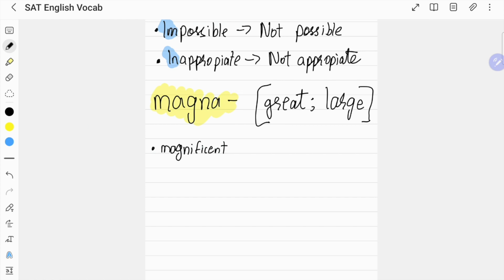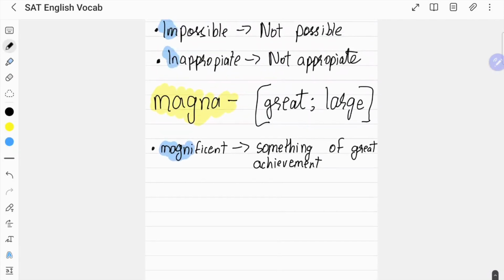So this word, this root word actually doesn't have to be the same. Instead of A, we're using I. So we can still use the meaning of the root word, which is normally great or large. So magnificent normally means something of great achievement.